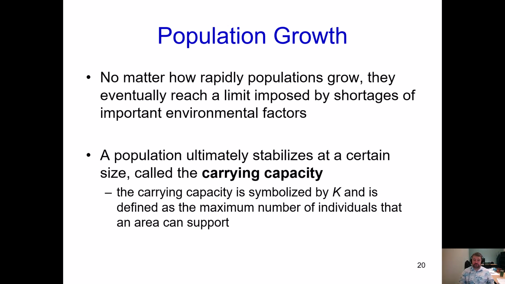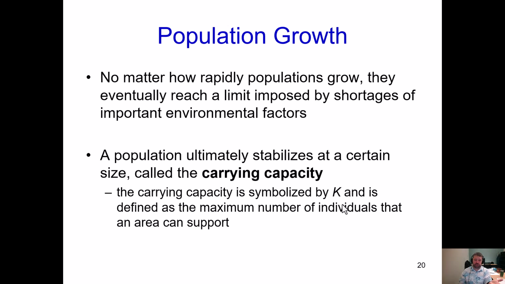Now, what determines K? Well, in a lot of cases it's food. But in other cases there might be plenty of food and it's a shortage of suitable habitat. So maybe you're a sponge and you need a hard surface to get established, and in that population there are very few boulders or rocky substrate, and most of it's sand, and they can't get established on the sand.